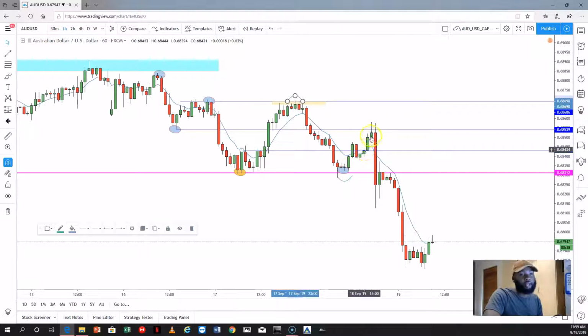Price indeed came back exactly to that area. So I hit my long TPs along that area. And then price immediately reversed right on that area, which was the 61.8 in the fib, and then price dropped all the way downwards.